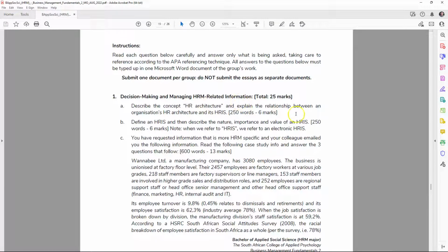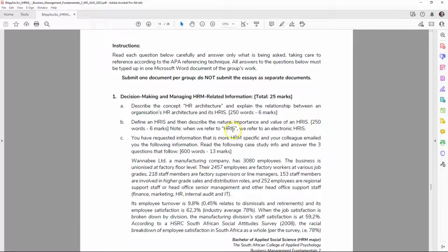HR architecture: define an HRIS and then describe the nature, importance and value of HRIS. You've got 250 words, which should be more than enough. And note, when we refer to an HRIS, a Human Resources Information System, it is not a manual system.